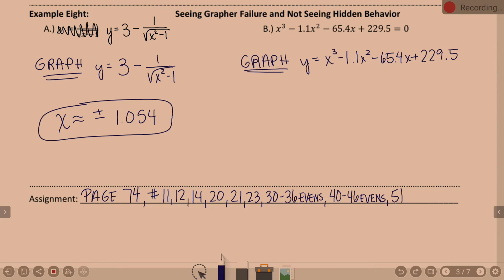There's so many places to make mistakes. X to the third minus 1.1 x squared minus 65.4 x plus 229.5. And graph it when you're ready.